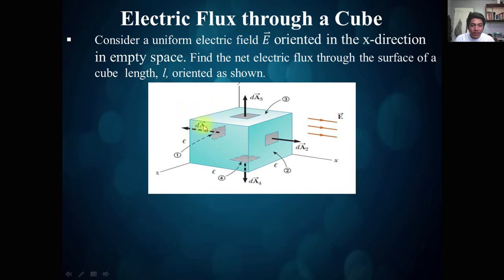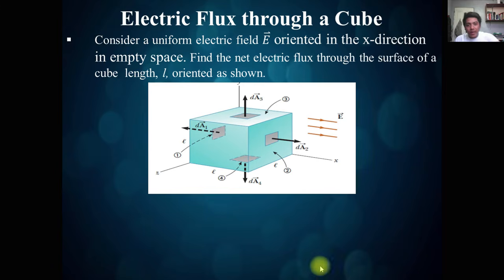If the normal vector of this face of the cube is in the z direction and the electric field passes through the x direction, the angle between the x axis and z axis is 90 degrees. So would you agree with me that the electric flux at this face of the cube is also 0? Yes, because the angle is 90 degrees.